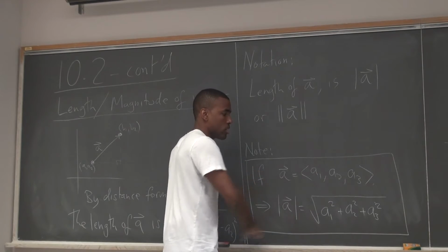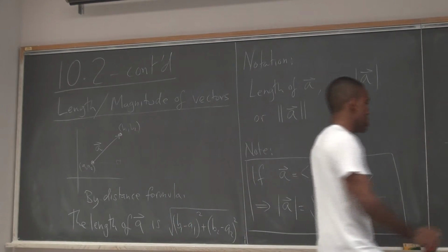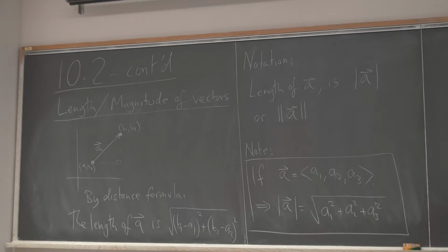So if you just take the radical of the sum of the squares of the components, it actually gives you the magnitude of the vector. You just adjust the formula for how many dimensions you're working with. Usually we'll be in 2 or 3 dimensions. But you could extend this formula to 4 dimensions and further.